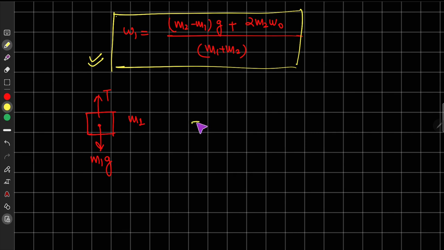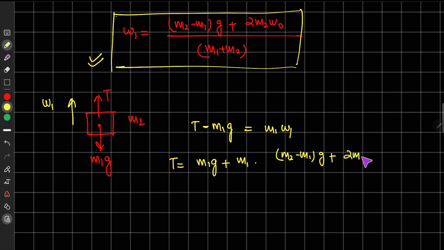So we can write T minus m1g, and as it is moving in the upward direction with the acceleration of w1, we can write is equal to m1 w1. So we can write tension force is equal to m1g plus m1 times w1, that is (m2 minus m1) into g plus 2 times m2 w0, whole divided by m1 plus m2.